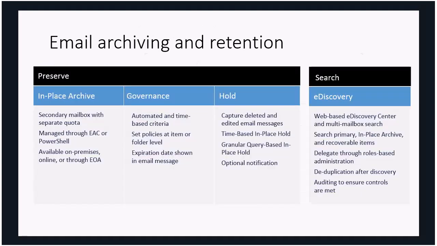So remember that within Office 365 in our emailing, we have the ability to implement an in-place archive. Every Office 365 plan that includes email has the ability to have an archive. The basic plans allow a total of 50 gig shared between the inbox and the in-place archive.